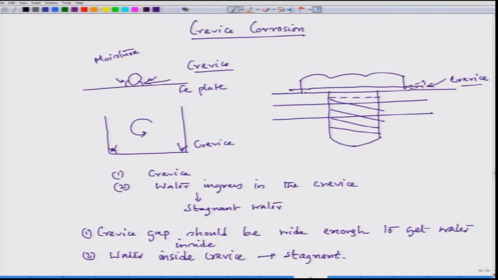When these two conditions are met, the corrosion in the crevice region is extremely high.